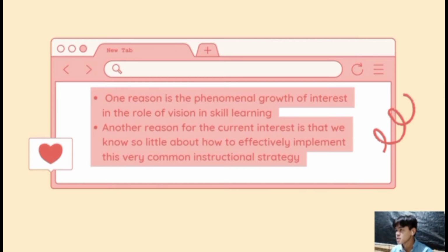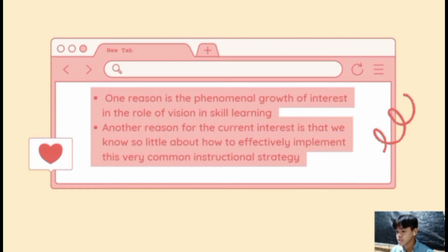Basically, it is one of the components in learning a skill. If you're demonstrating, of course the learners are going to use their vision. They're going to watch your steps, watch the pattern, and how you do the actual skill.